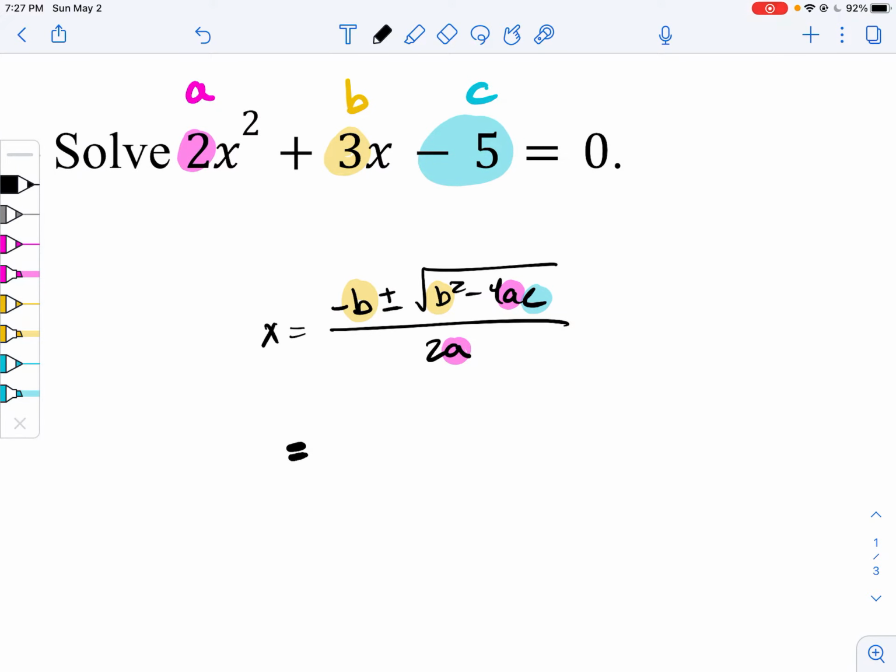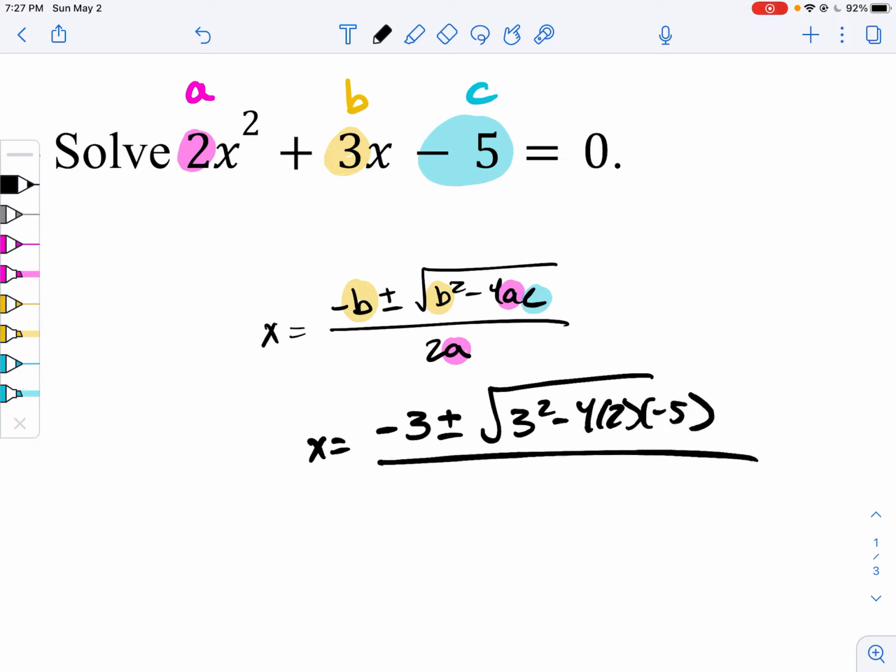So you have x equals -3. Oh, I messed up already. This is taking too long. x equals -3 plus or minus the square root of 3 squared minus 4 times 2 times -5 all over 2 times 2.